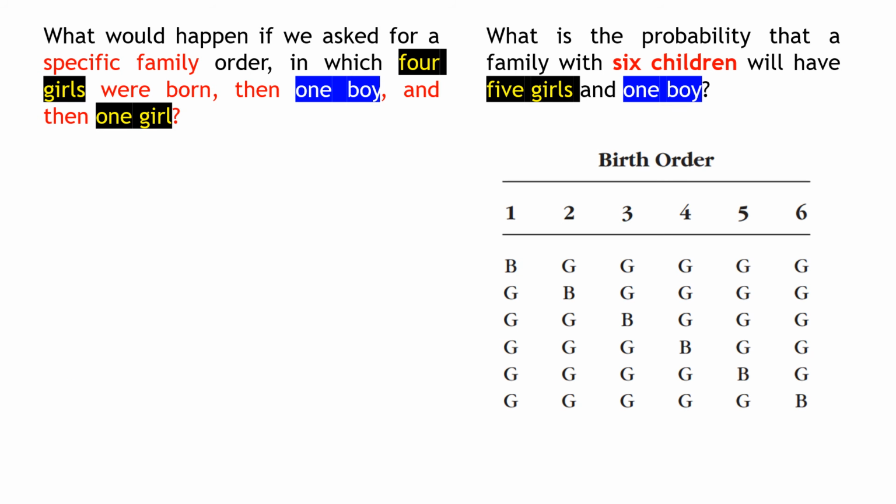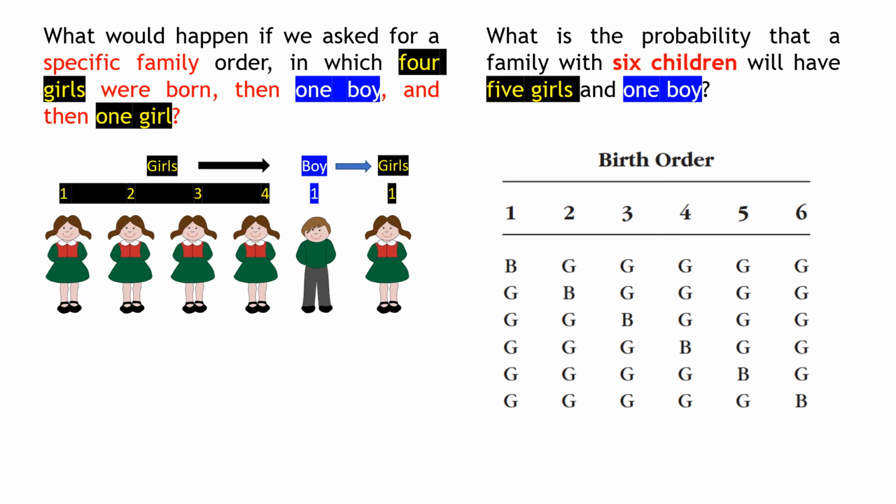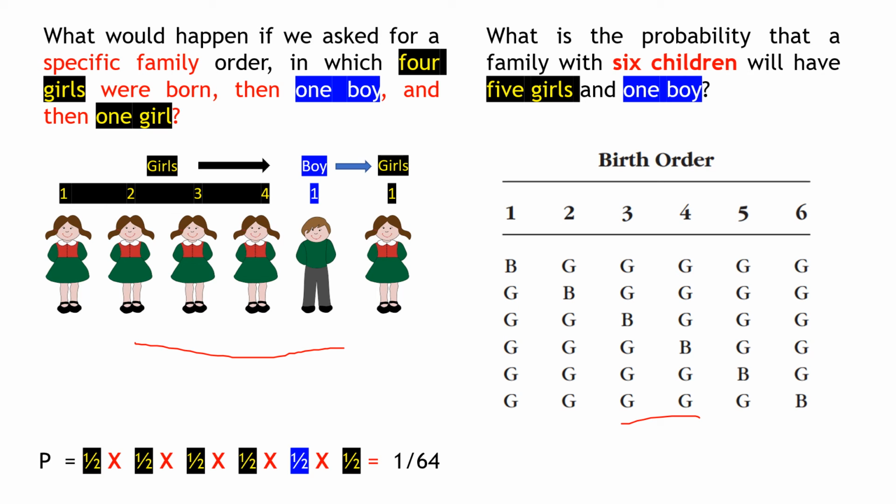Okay, so going back to these two exercises, remember here you have only one way to do this. Now in this case you have 6 different ways to do this. So here the probability will be 1 out of 64.